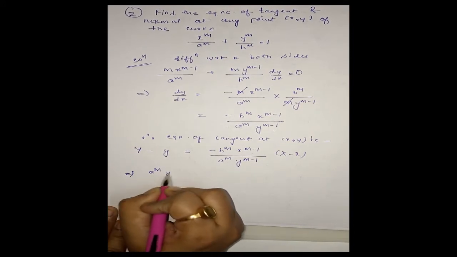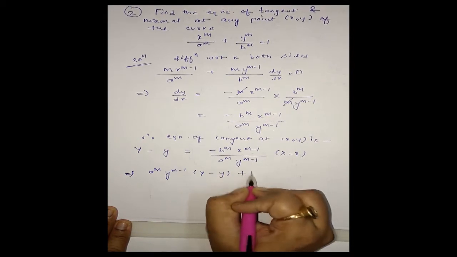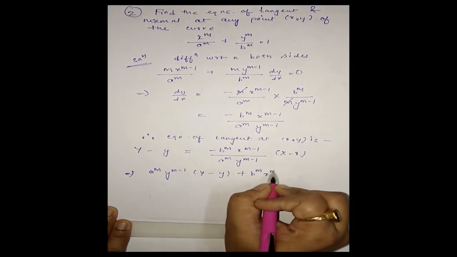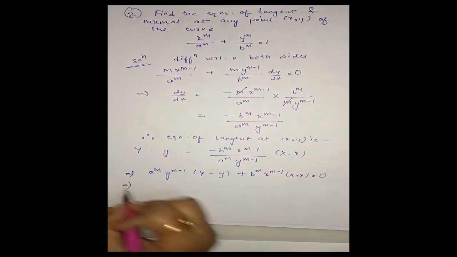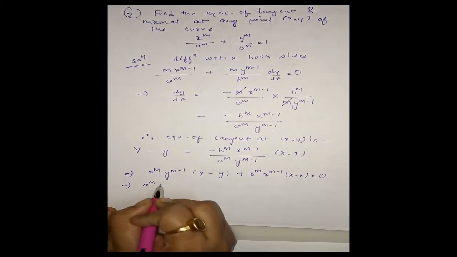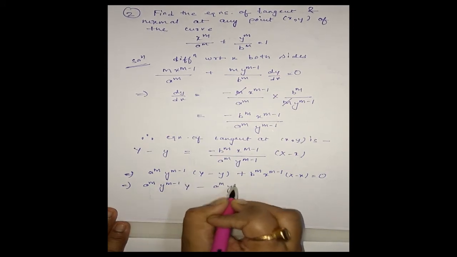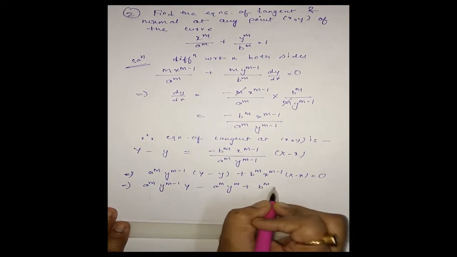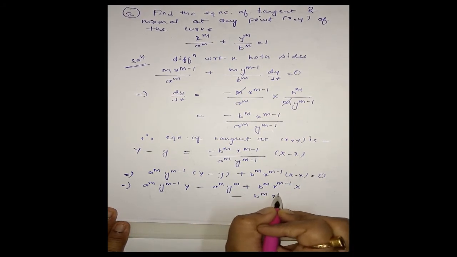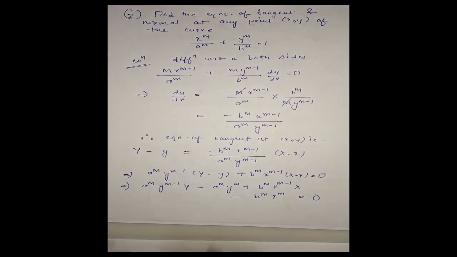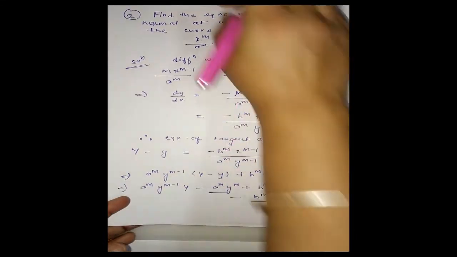Now simplifying, this will be am ym minus 1 into capital Y minus y plus bm xm minus 1 into capital X minus x is equal to 0. Now take these two terms to the right hand side.